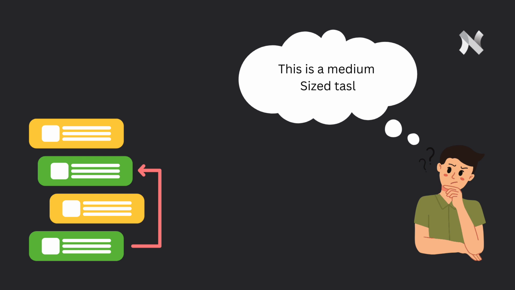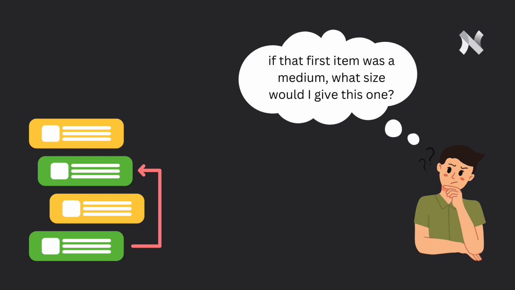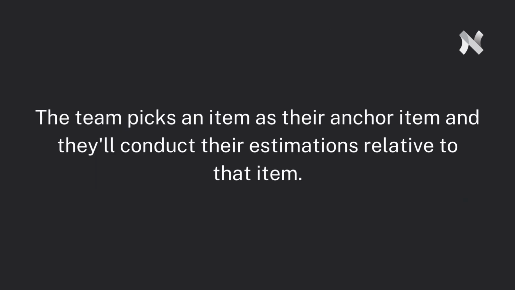After that, they take another item on the backlog and compare it to the medium item that they just identified and answer the question, if that first item was a medium, what size would I give this one? The team will repeat this process on each additional item or user story on the backlog until they are all addressed and done.